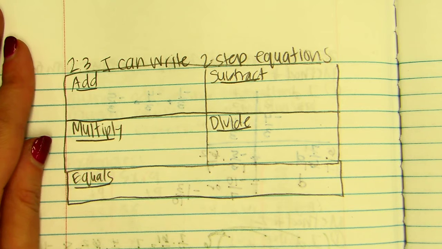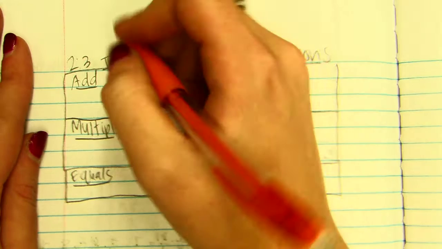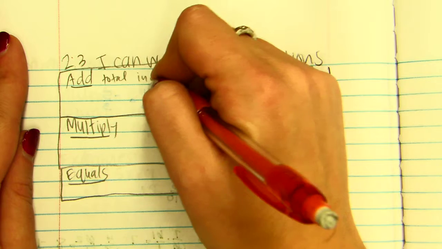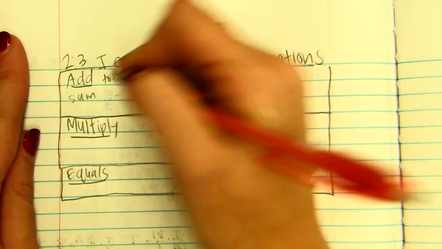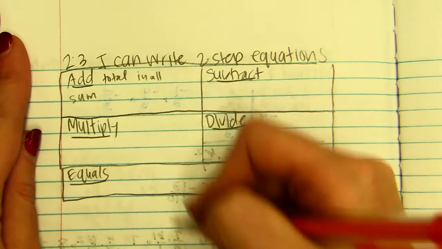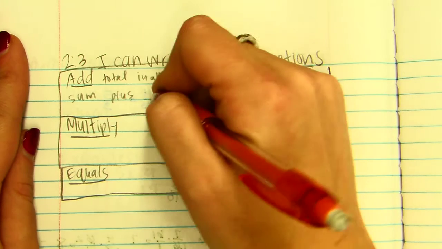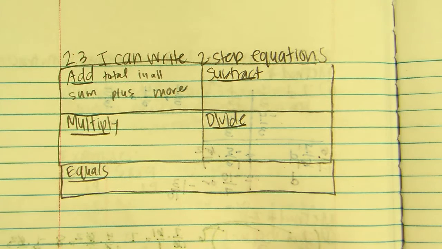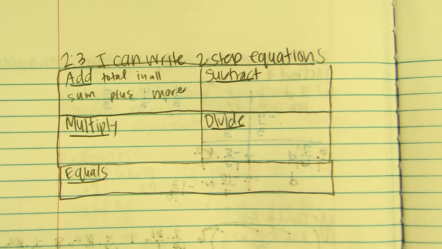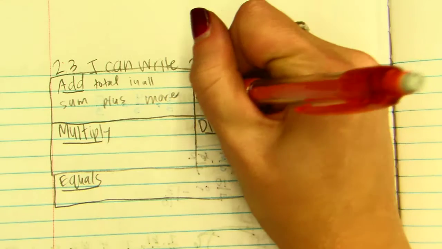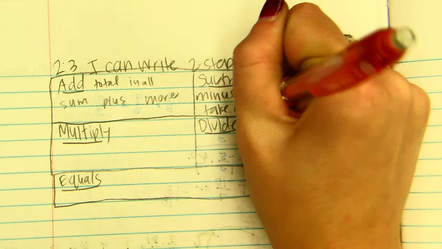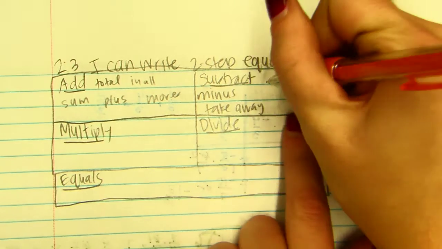So some of them that I came up with for adding would be total, in all, sum, plus, more. Keywords that tell us we're subtracting would be like minus, take away, difference.